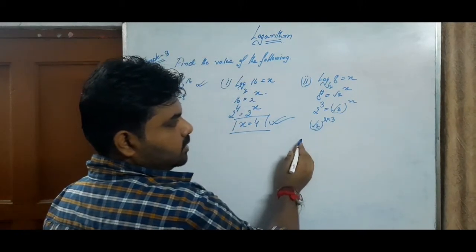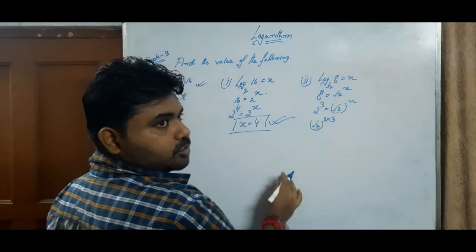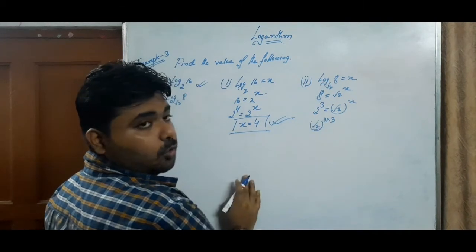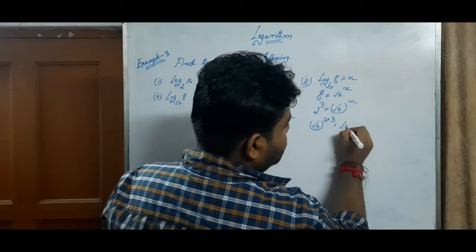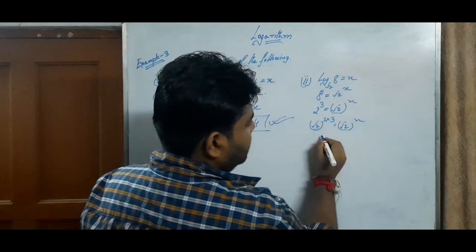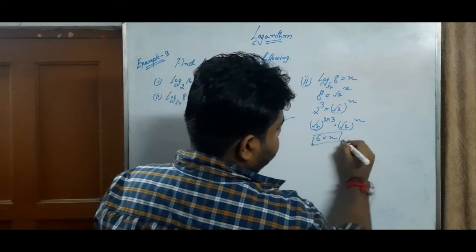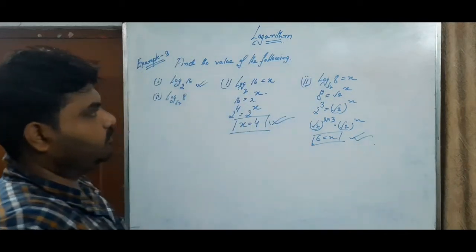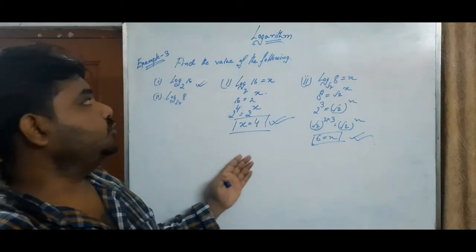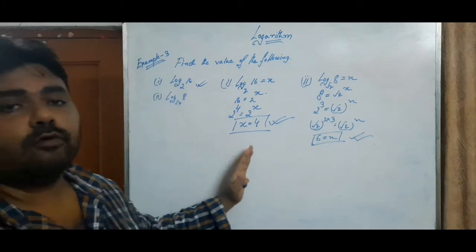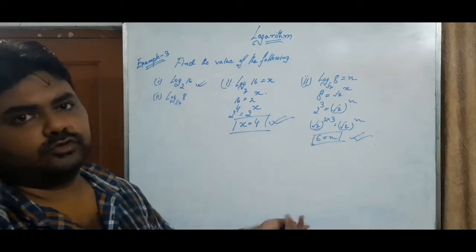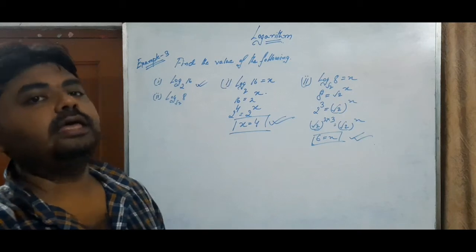Root 2 whole square equals 2. So we can write 2 as (root 2) whole square, equals (root 2) whole to the power x. Therefore 6 equals x. This is how we can solve. First we have to convert it into the exponential form, then we have just solved this. So we'll shift to the next example.